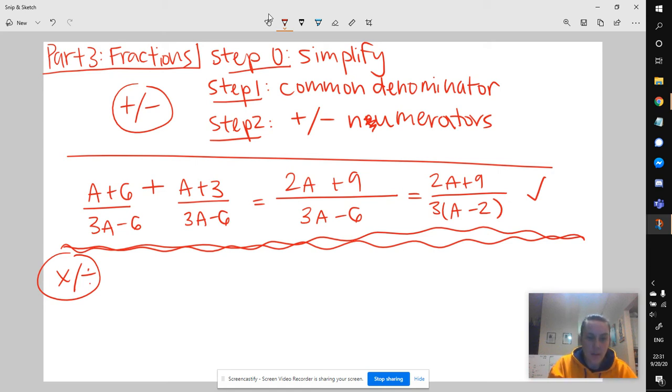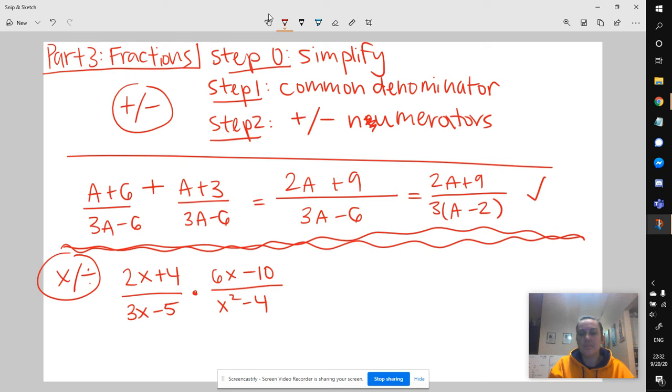So say we had, I don't know, 2x plus 4 over 3x minus 5 times, what do I want to do? X squared minus 4 in the bottom, and then something like 6x minus 10 on the top. Okay, first step is factor.